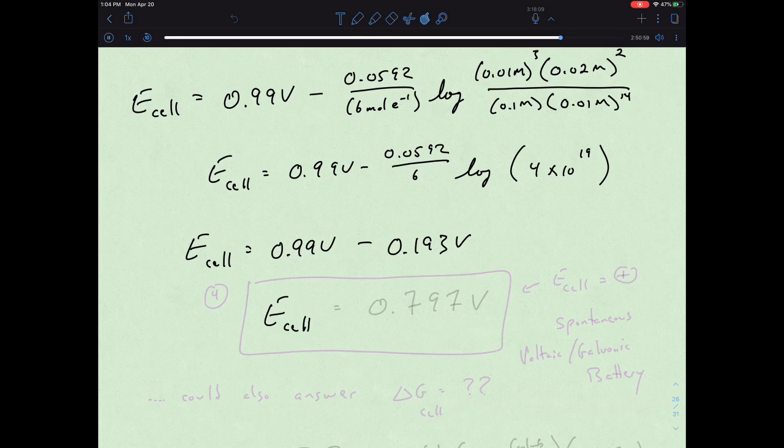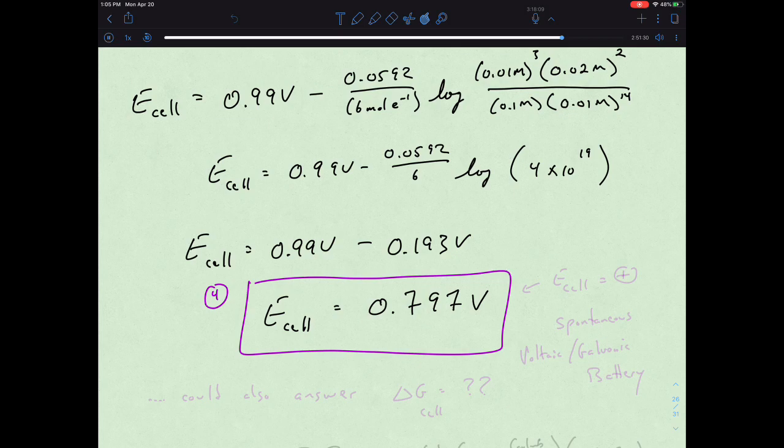And our cell potential not at standard state is equal to 0.797 volts. And that would be our final answer to this long equation or long example.